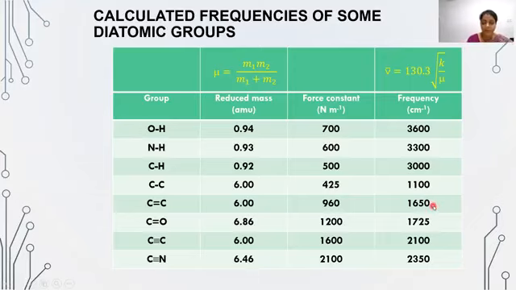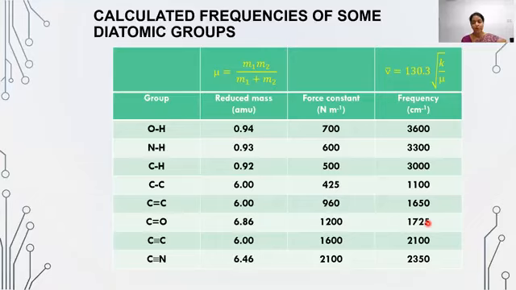For the carbonyl group, C double bond O, it is 1725. For carbon triple bond carbon, the value is 2100 centimeter inverse. And for cyanide or nitrile, the C triple bond N group, the vibrational frequency is 2350 centimeter inverse.